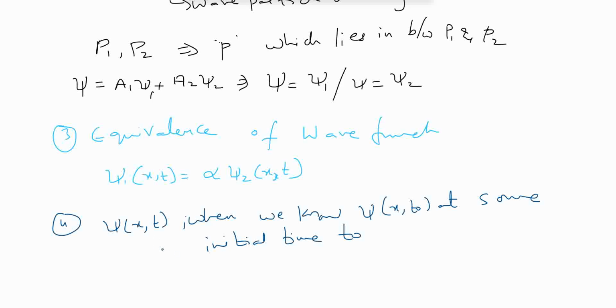So how do we calculate this ψ(x, t)? To find ψ(x, t), we have to solve the time independent Schrodinger wave equation.